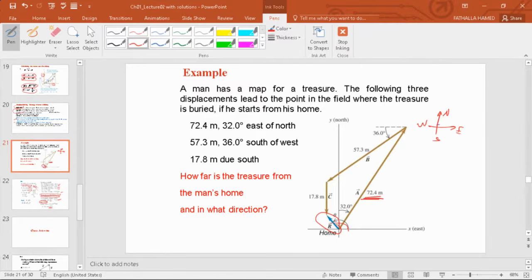So you can see now that you can add vectors graphically, you can add the vectors using your knowledge of trigonometry, or you rely on the method of breaking each vector into components, but make sure you know where the vector is relative to the positive x-axis, and then add the x's and the y's, and then find the magnitude and find the angle. Is this clear? Any question on this?